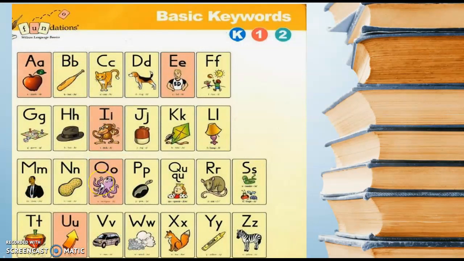How about right here? O, octopus, ah. P, pan, p. Q, queen, qu. Mouse is gone. There it is. R, rat.